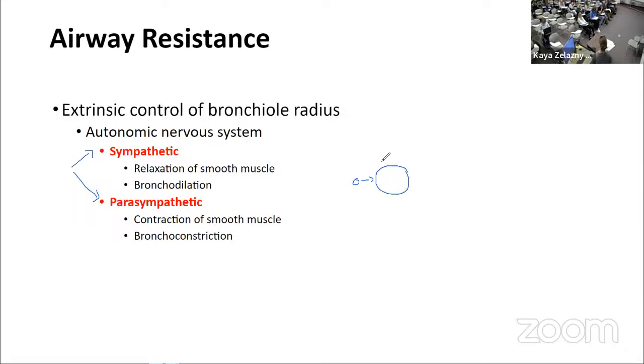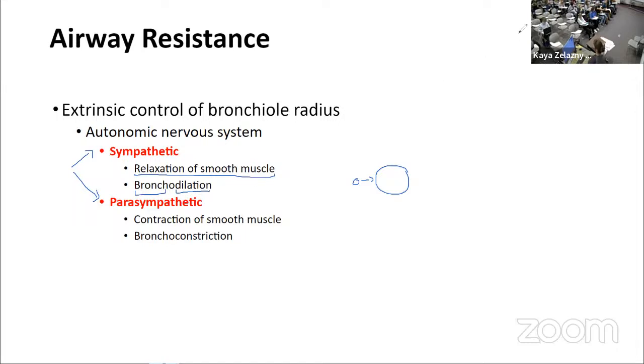You want a nice big wide tube, low resistance, lots of flow. So under sympathetic control, you're going to see bronchodilation. So you're going to see an increase in the radius, which is the result of relaxing smooth muscle. Okay, so if your sympathetic fight or flight nervous system is on alert, you're going to open up those airways.